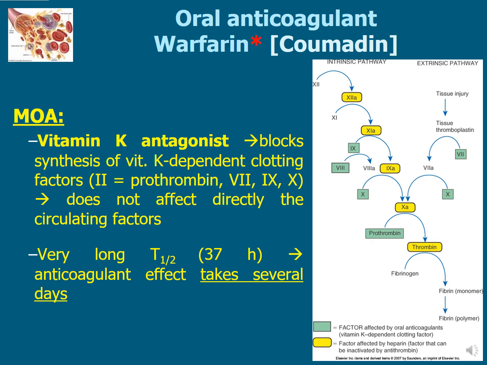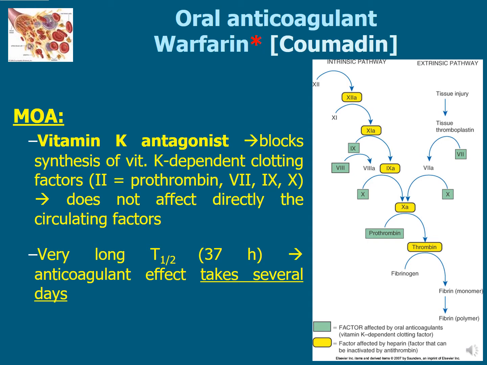So how does this drug work? It's actually a vitamin K antagonist. If you remember from the previous module, anticoagulants can work in two different ways. They can either block the activity of the coagulation factors, or they can inhibit their synthesis. Warfarin works by blocking the synthesis of the vitamin K dependent clotting factors, such as prothrombin, or factor 2, and factors 7, 9, and 10.